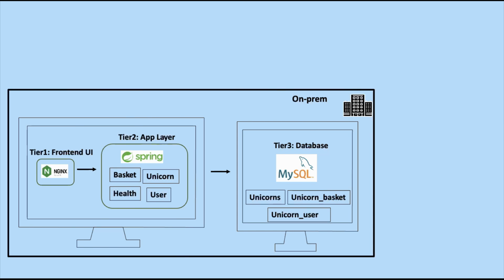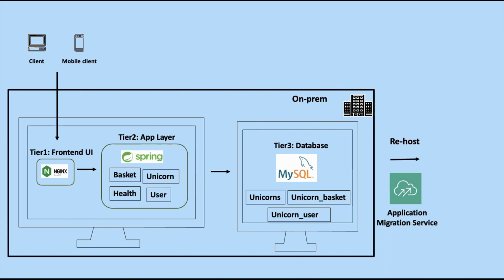Now, if you wanted to rehost this or lift and shift this architecture to the cloud, then we can talk about the strategies. So before that, let us see that the clients, it could be based on the mobile clients or from the browsers talking to this application using the front-end UI. Now, in the rehost architecture strategy, we will be using a service called Application Migration Service, which is also one of the AWS services, which is used to migrate to the cloud.